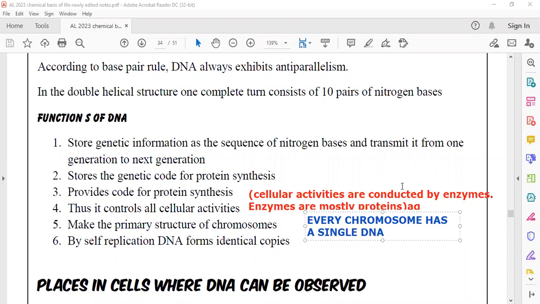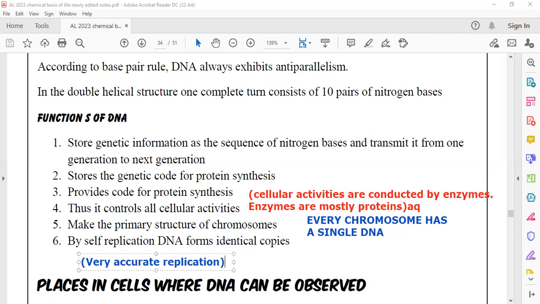Very accurate replication. Understood? It's a very accurate replication.